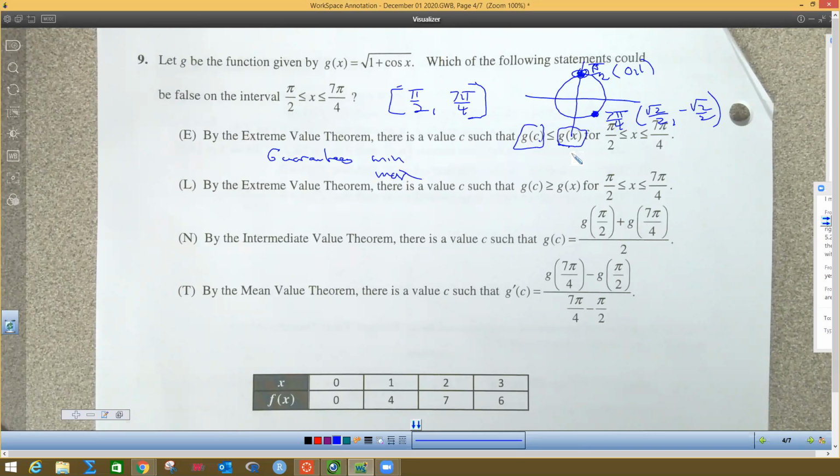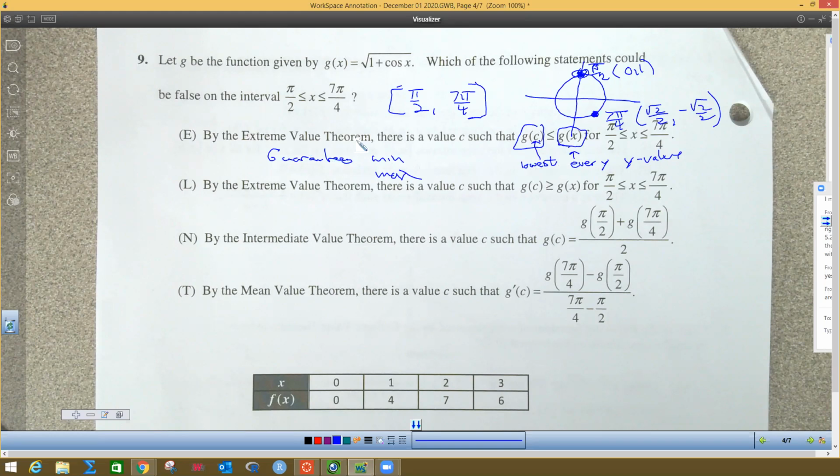Now this thing right here is every y value. We are saying there's a specific point that has to be at least the bottom of every y value here. In other words, this has to be the lowest value on there.